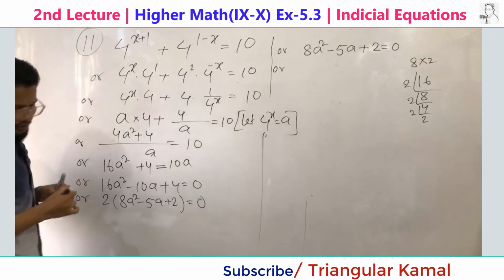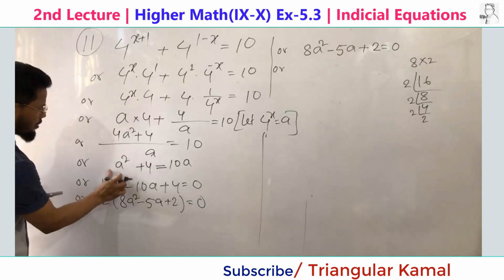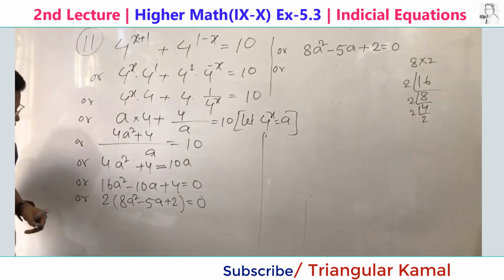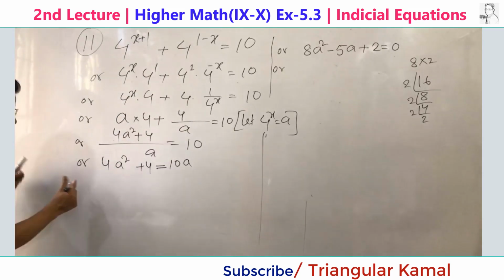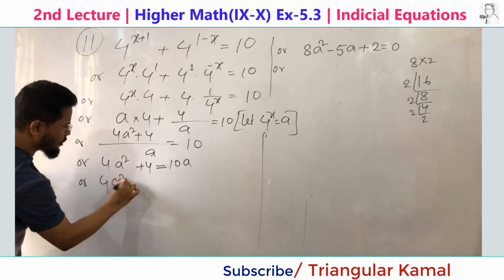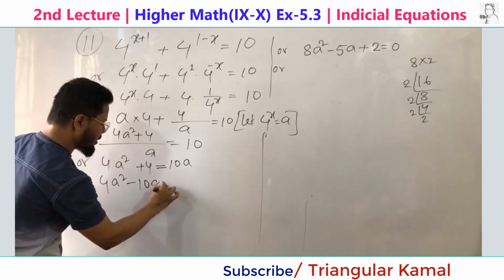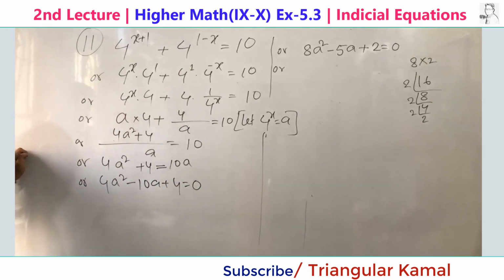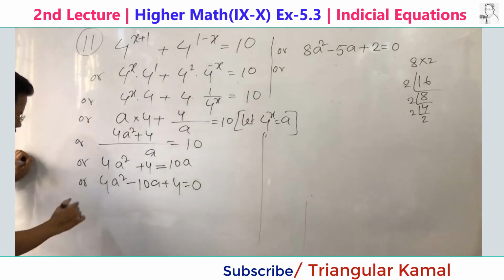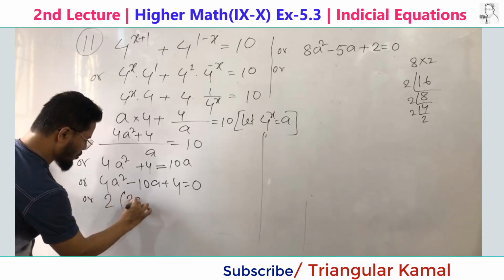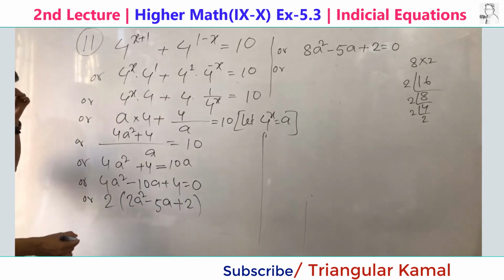Taking 2 as common, we will get 2 is common, 2 times a square minus 5 times a plus 2, 2 equals 0.